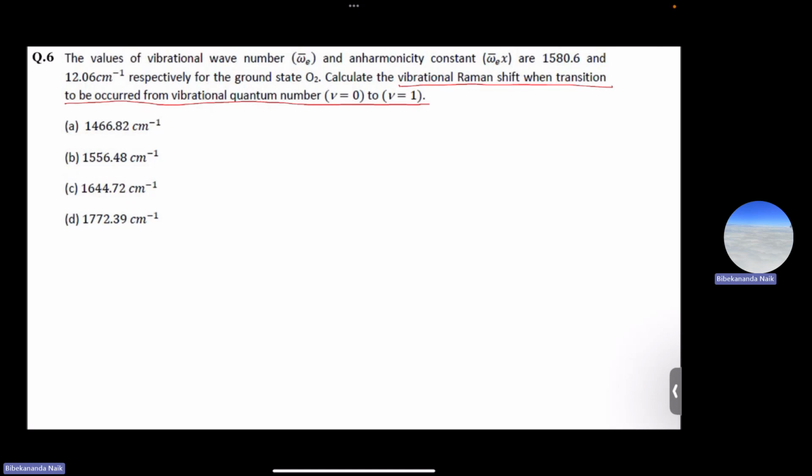Now, the vibrational Raman shift is given by nu bar equals E1 minus E0 divided by hc.